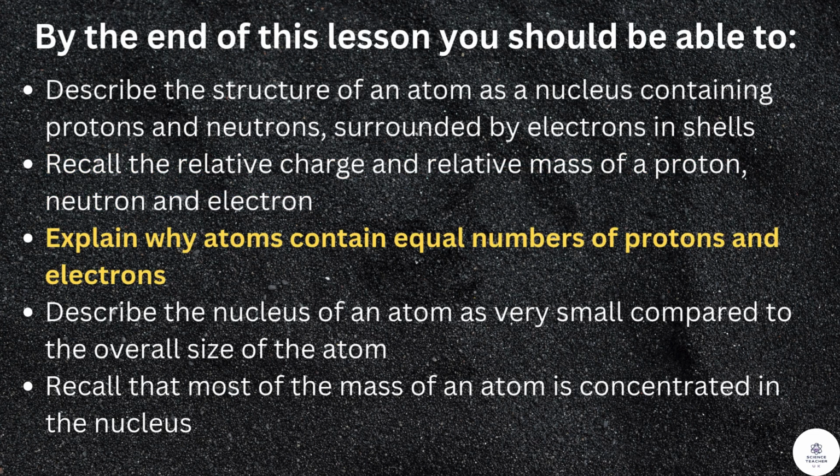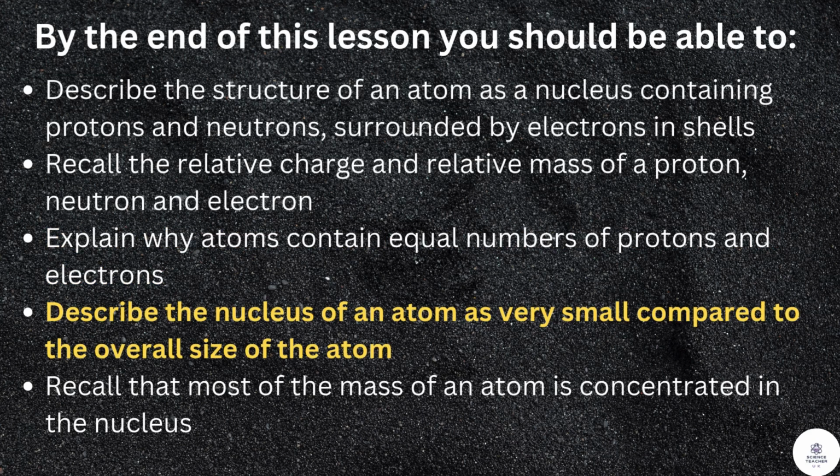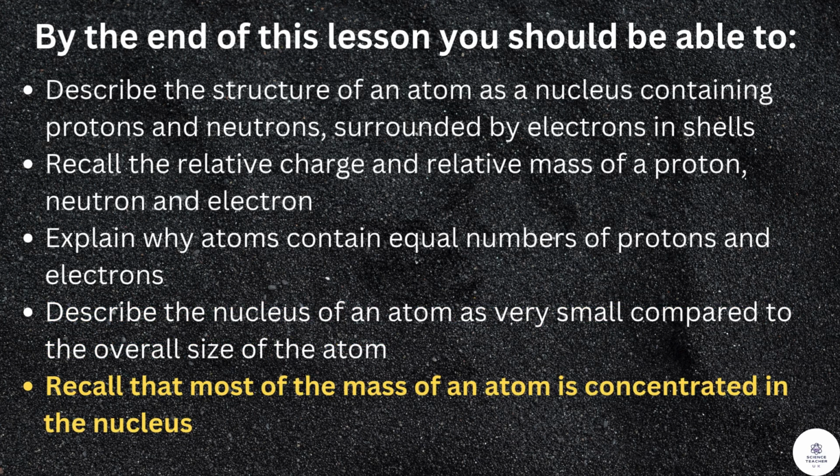You probably don't know it yet, but you'll be able to explain why atoms contain equal numbers of protons and electrons. It looks a lot, but it's not. You'll be able to describe the nucleus of an atom as very small compared to the overall size of the atom. And last but not least, you should be able to recall that most of the mass of an atom is concentrated in the nucleus.